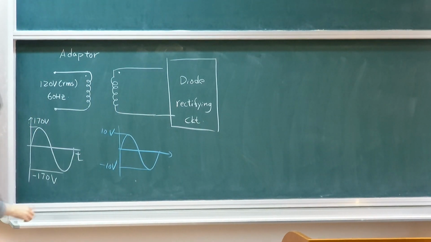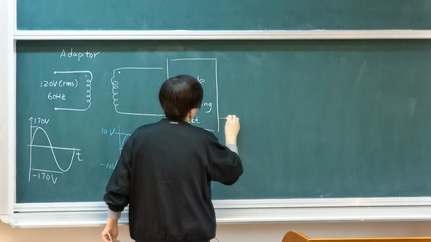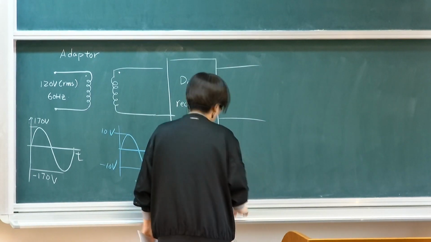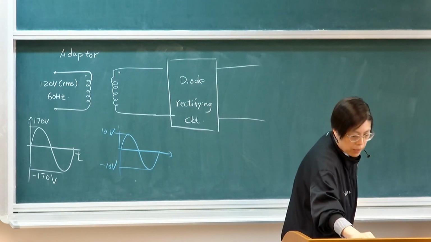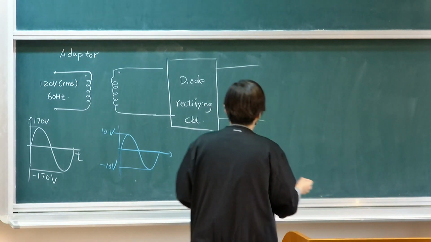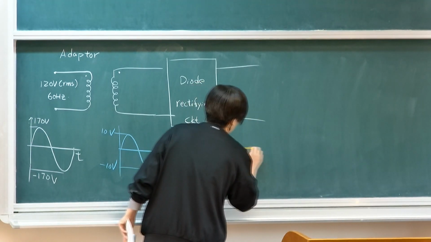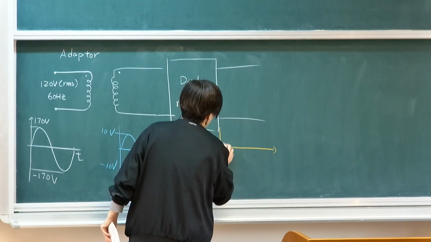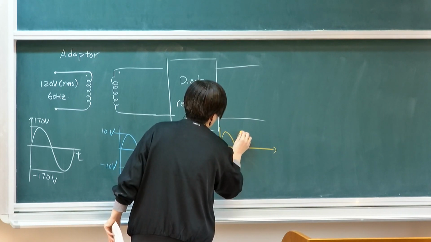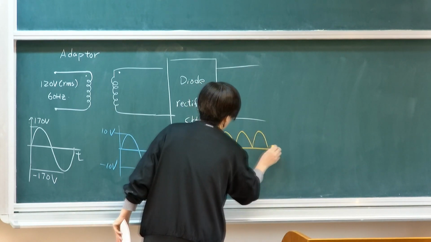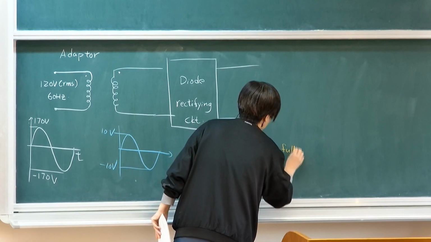Past this rectifying circuit, your signal will look something more like this, depending on whether it's a half wave or full wave. I'm just going to draw. More efficiently, this will be a full wave: you flip the negative side, it's called a full wave.